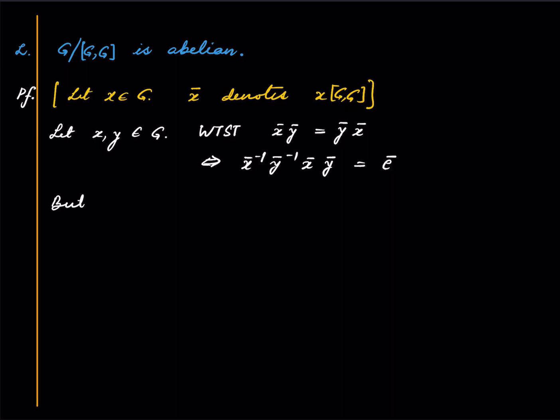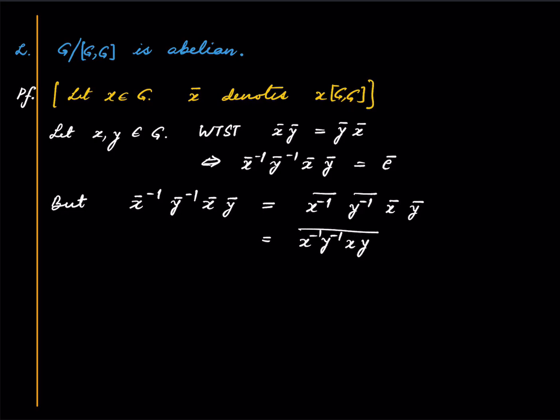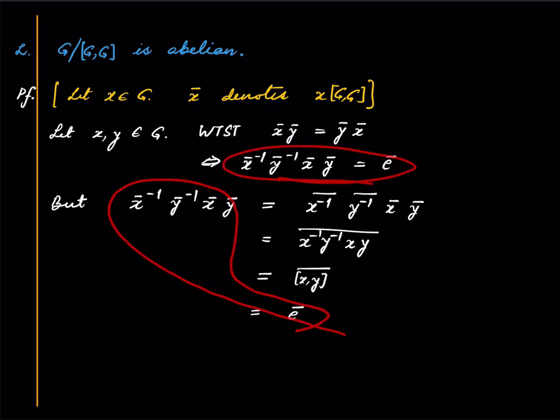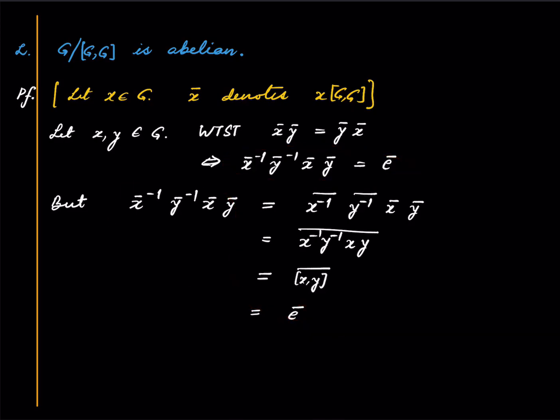But x bar inverse y bar inverse x bar y bar equals the bar of x inverse y inverse x y, which is the bar of that. But this element is already lying in the commutator group, and therefore this is E bar, and that's what we wanted to show. So the quotient is an abelian group.